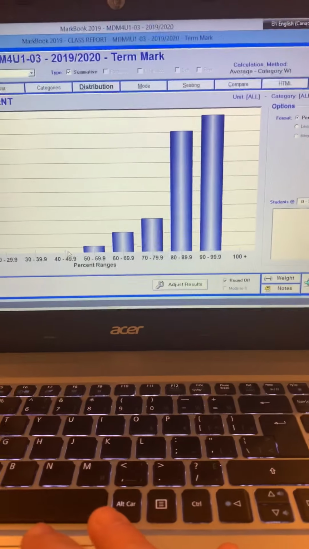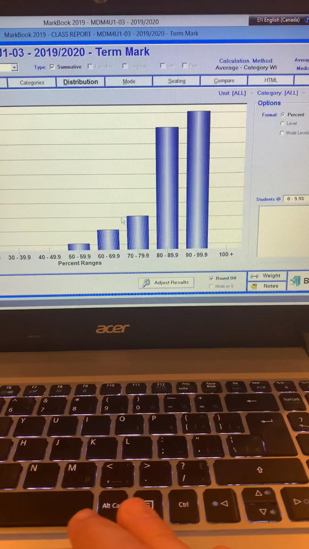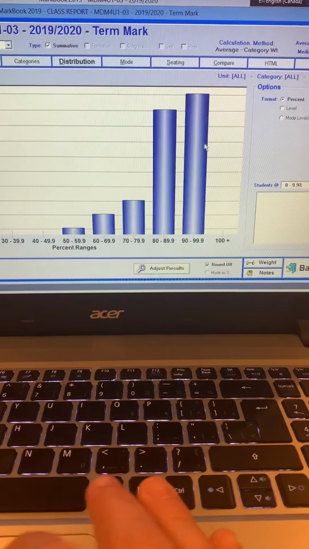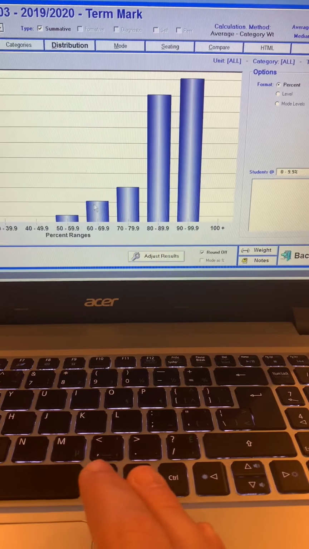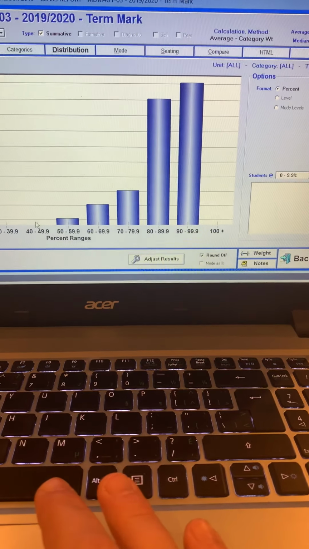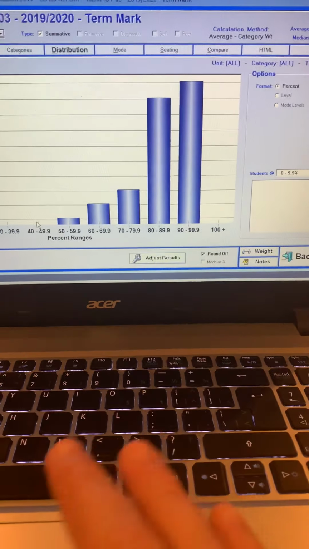This would be like the tail, and it goes straight up and then right down. We have some marks down here. We call this negatively skewed, because it makes a tail on the left side. Our highest, or our mode, is in the 90 to 99 range, so our median will be a little bit to the left.